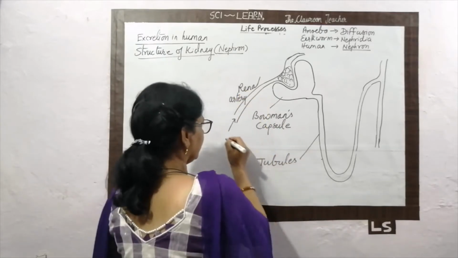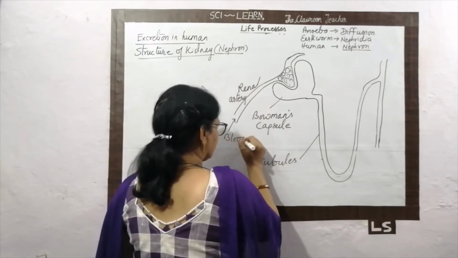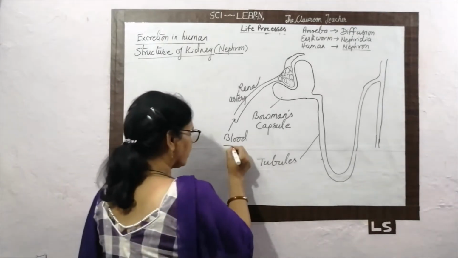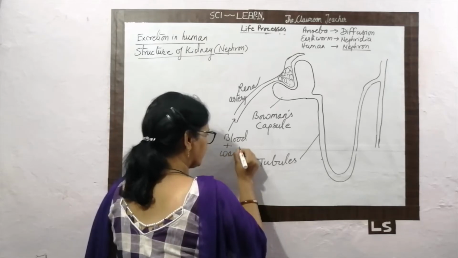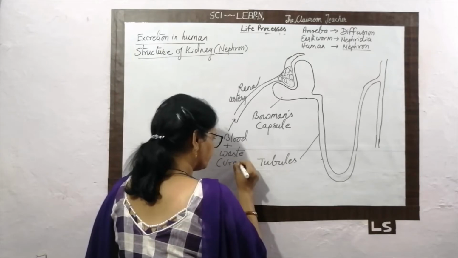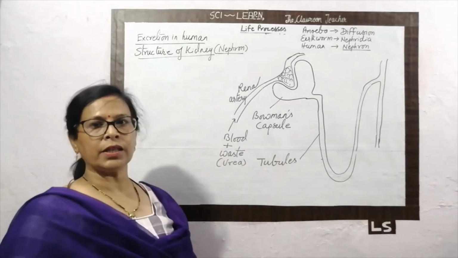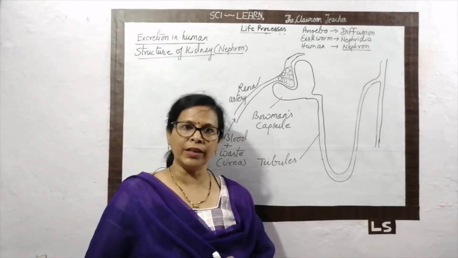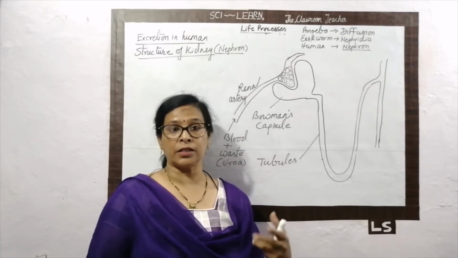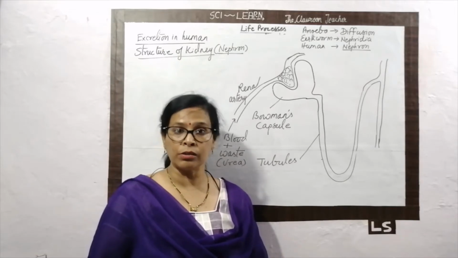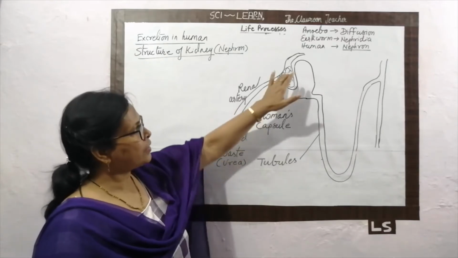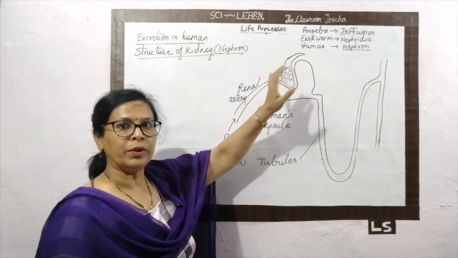The blood which the renal artery carries is not pure. It contains waste in the form of urea. But not only waste, it contains essential substances also: water, essential salts, and minerals are also there. All these substances from the renal artery reach this part of the Bowman's capsule.